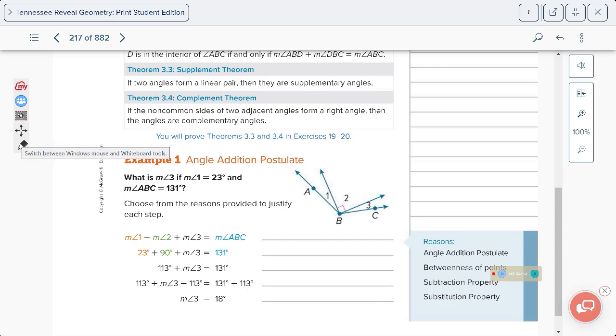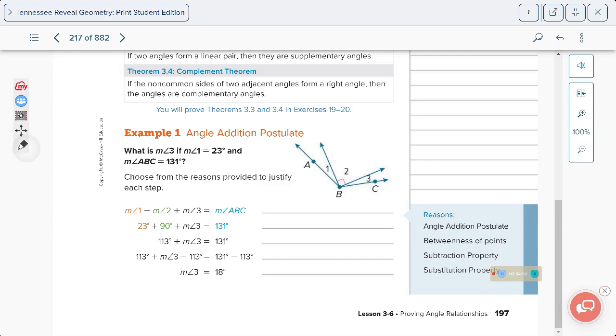All right. So just bear with me, guys. Follow along. Fill in the blanks as I fill them in as well. This is how you might approach a proof on end of course, okay? So I'm going to look at my first statement. It says the measure of angle 1 plus the measure of angle 2 plus the measure of angle 3 is going to equal the measure of angle ABC.